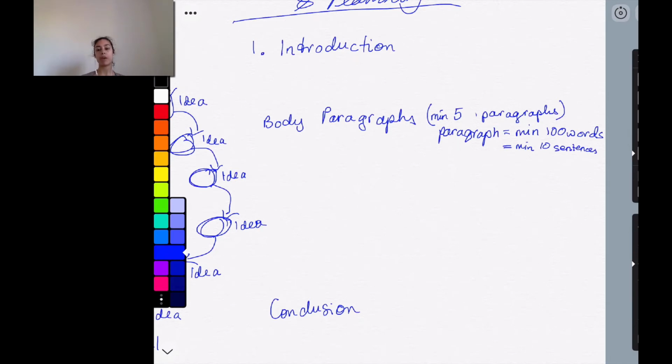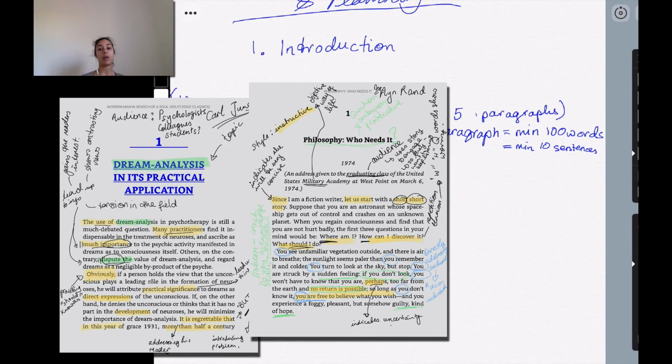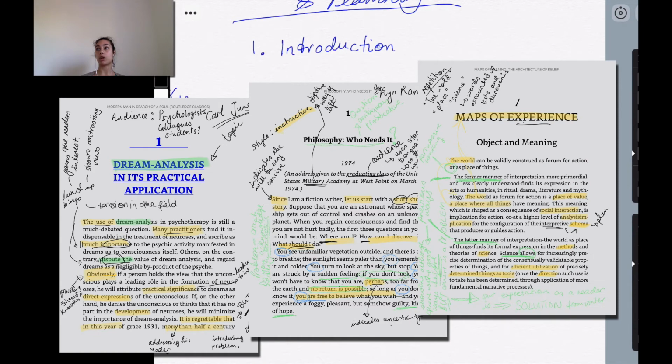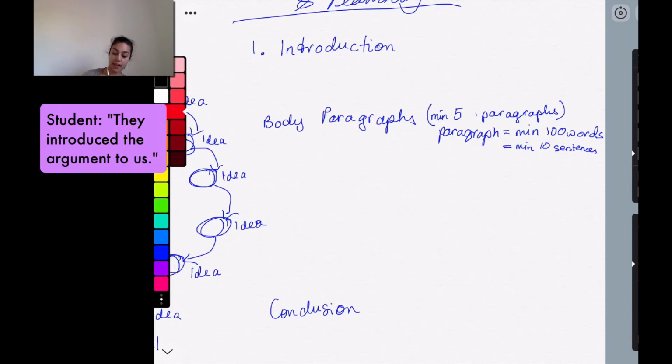Because remember, at the very beginning of the week we looked at the 3 different texts and the first 2 paragraphs, so we looked at Carl Jung, Ayn Rand and Jordan Peterson, the very beginning of each of their texts, and what did we notice about those first 2 paragraphs? Do you remember? Yeah, exactly.